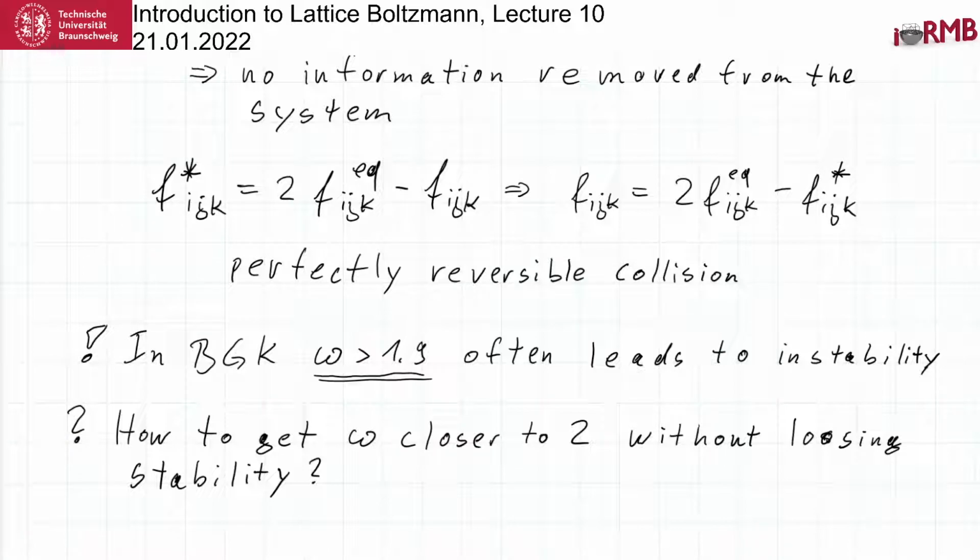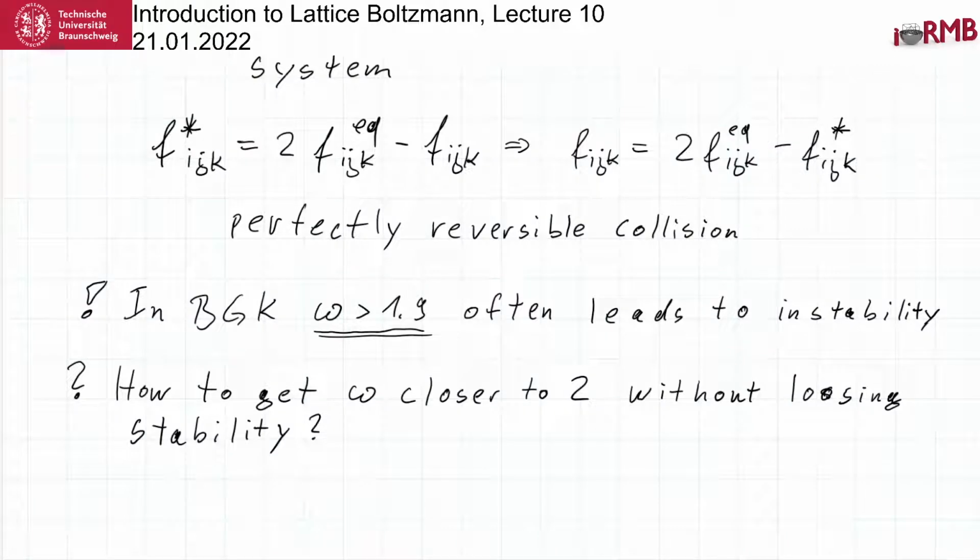And what we have to do in order not to lose stability for omega equal to 2, or being closer to 2, is of course to add some dissipation that helps the system to forget information that is not important while keeping information that is important.